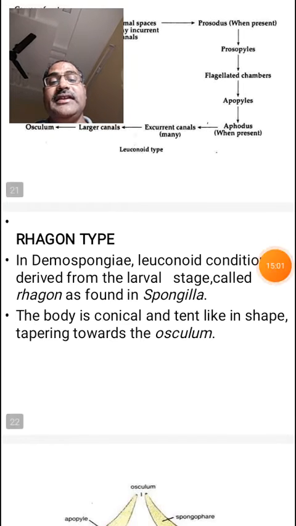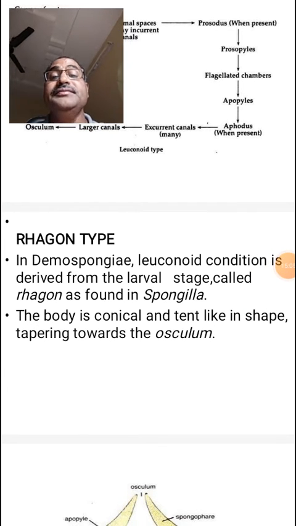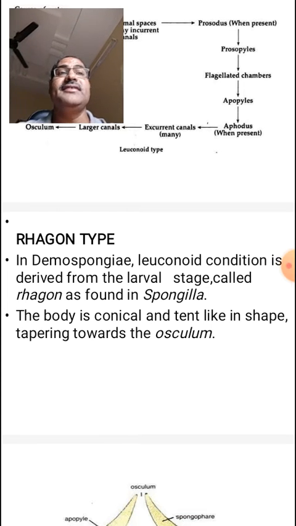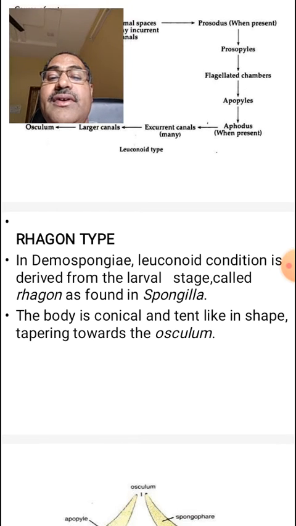And another type of canal system is the rhagon type. This rhagon type canal system is found in the larval stage of these sponges.